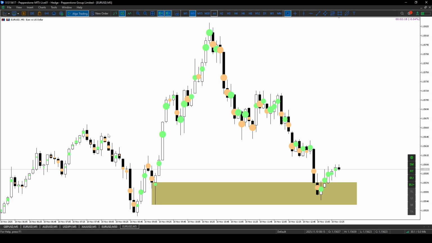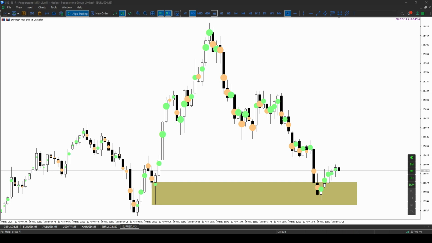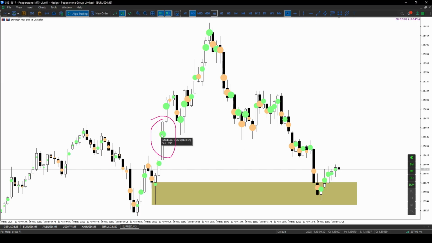Okay guys, now in here we can see that this is a big candle. And if we want to see if it's a big trade or a small trade, we can simply see it's a medium trade and it's bullish, so it gives us a strong probability that price will go upside.